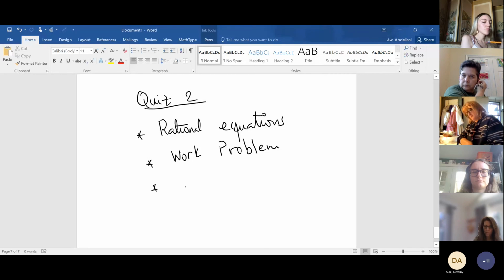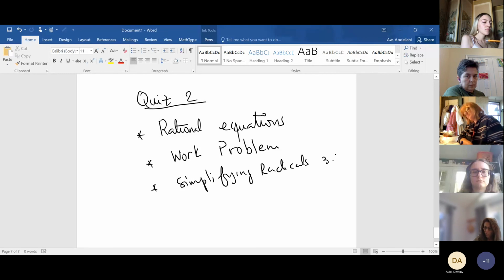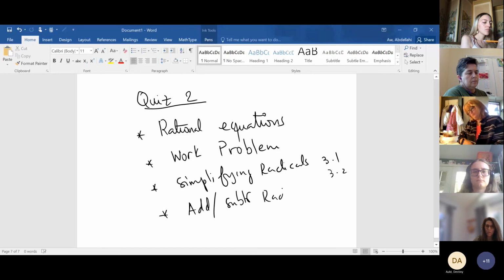It's going to be simplifying radicals, which is 3.1 and 3.2, right? And then add and subtract radicals, which is 3.3. So the rational equation, I think this was 2.6, if I'm not mistaken, and this was 2.7, right?